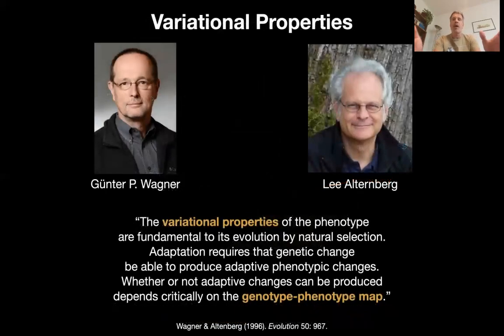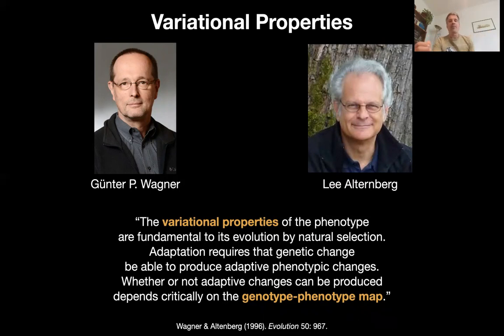So here's a quote from an absolutely famous and fabulous paper by Günter Wagner and Lee Altenberg in 1996, one of the big classics in the field. And it says, the variational properties of the phenotype are fundamental to its evolution by natural selection. Adaptation requires that genetic change be able to produce adaptive phenotypic changes in the first place. If you don't have phenotypes to select for, you don't have evolution by selection.